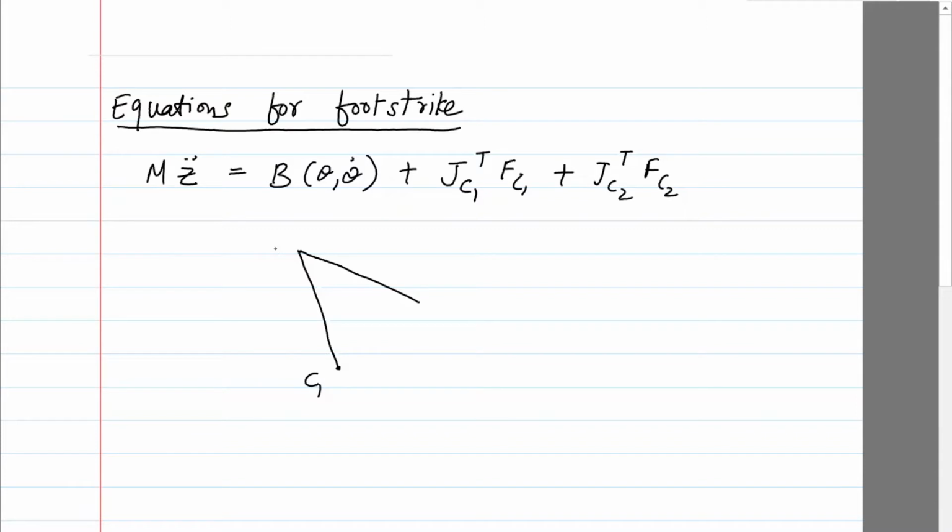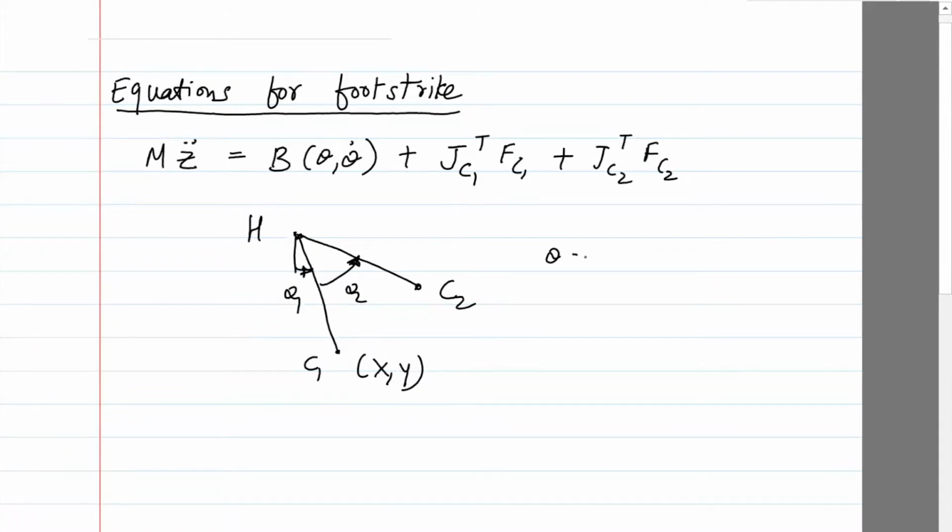Remember, we said X, Y is the position of C1, theta 1 was this, and theta 2 was that. So theta here in this equation refers to theta 1, theta 2, and the rates. So that B is going to be dependent on the angles.